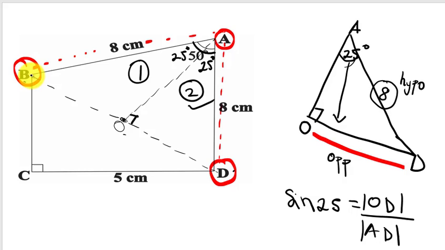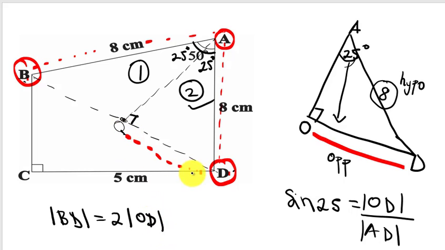Now we have the distance of OD from this point up to this point, but we want the total distance from B to D. In this case, you should know, from the diagram, that BD is equal to 2 times the magnitude of OD, because the distance from O to D is half of the distance from B to D, because this line AO divided the AB into 2 equal parts.